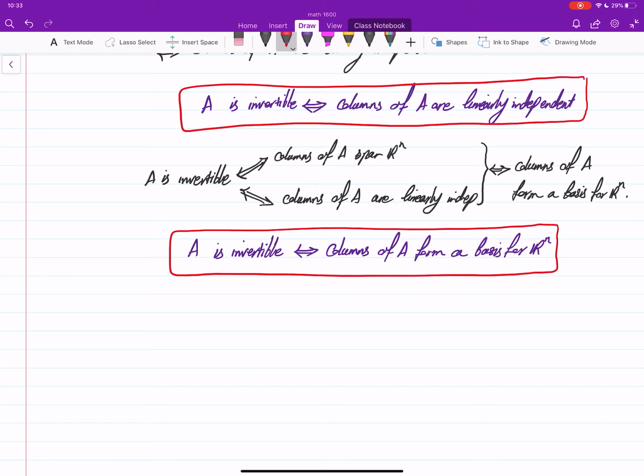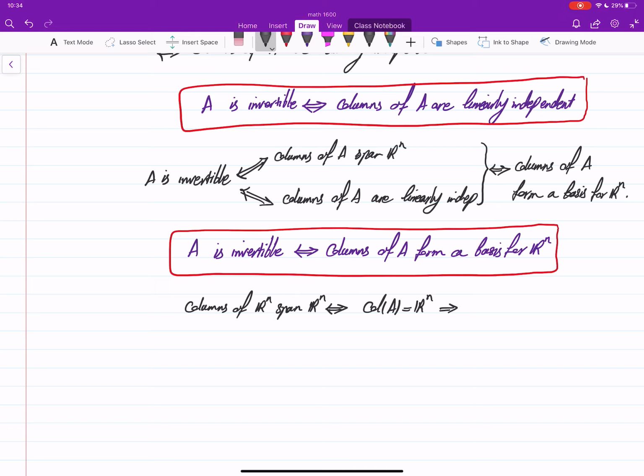Well, if the columns of A span Rn, so that means what? The columns of A span the whole Rn. This is a different way of writing that: the column space of A, which is the span of the columns, is equal to Rn.